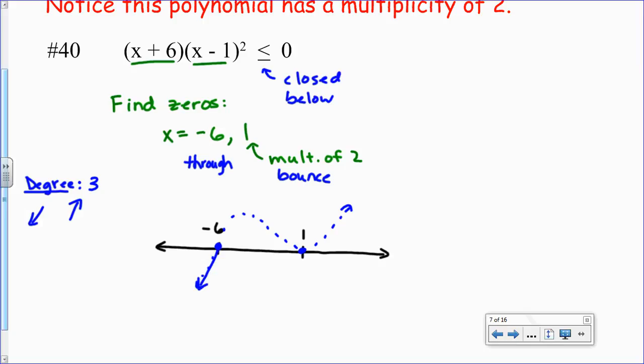So on the number line, that's me shading here, just this interval right here. And it's equal to, right? So I also am including that point there. I have to include 1 because that's also equal to. So the equal to parts come from -6 and 1.